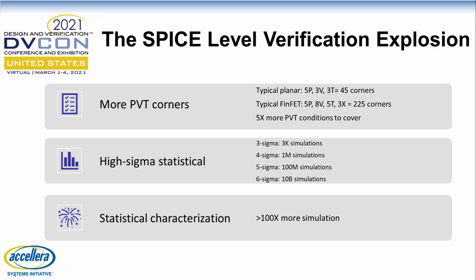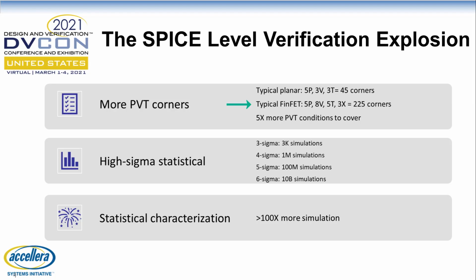So if you look at the impact this has had on the SPICE simulation count, we can see that we have now got way more PVT corners that we need to simulate. If you look at the typical planar type of process, we might have 5 different process conditions, 3 voltage conditions, 3 temperatures, and so 45 corners total. That's pretty typical.